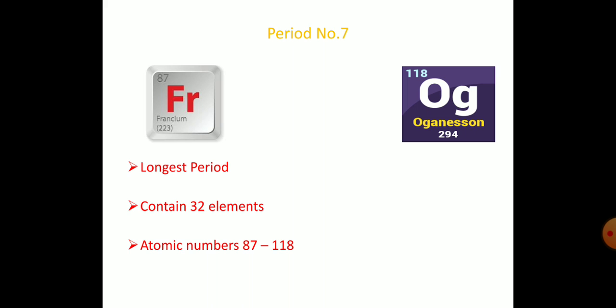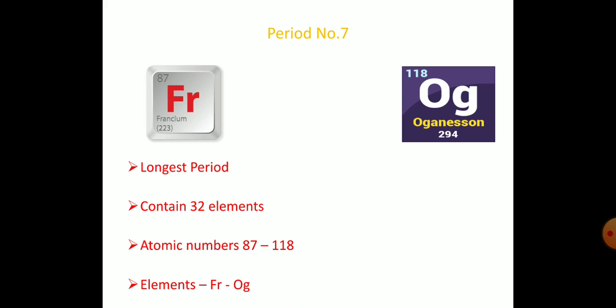The atomic number of the first element is 87, whereas the atomic number of the last element is 118. So the atomic numbers of period number 7 start from 87 to 118, and the elements are from francium to oganesson. Fr is francium, Og is oganesson.